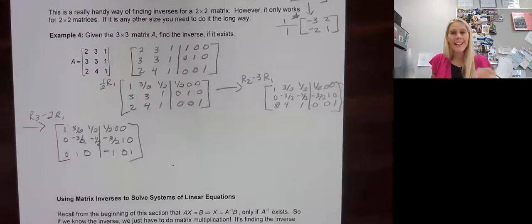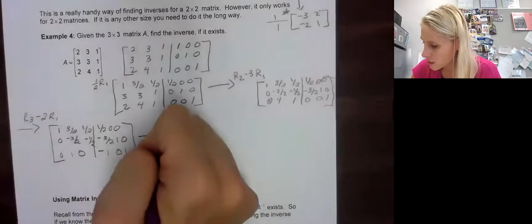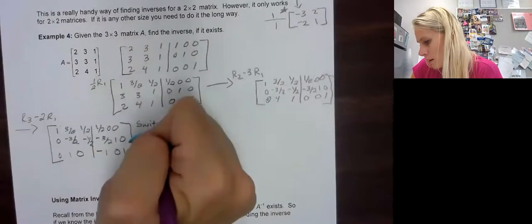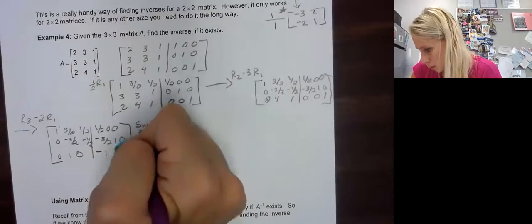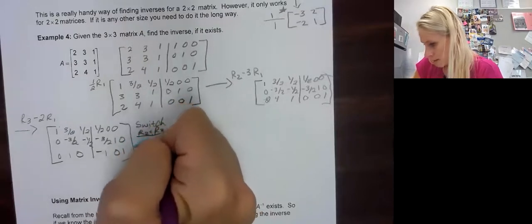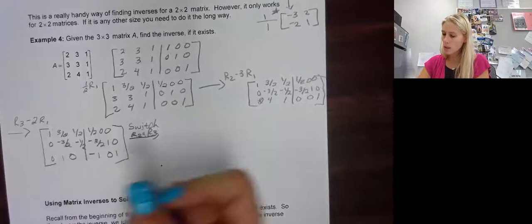You know what I like? I like that third row, but I wish it was in row 2. So why don't I do that? Switch row 2 and row 3. Now remember, I like that because I want the 1 in the middle.